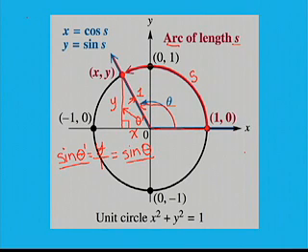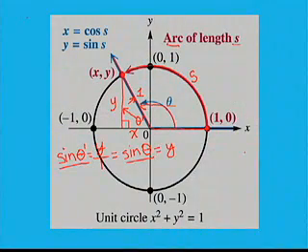So they are equal to y over 1, which means they are equal to plain old y. Well, now let's realize that the sine of the angle measured in radians, sine of theta, we can relate to the sine of the arc length s. And what we can say is that sine of s is equal to y.